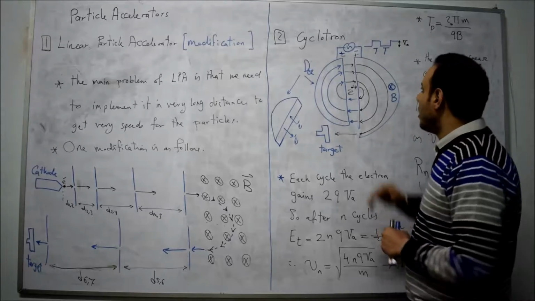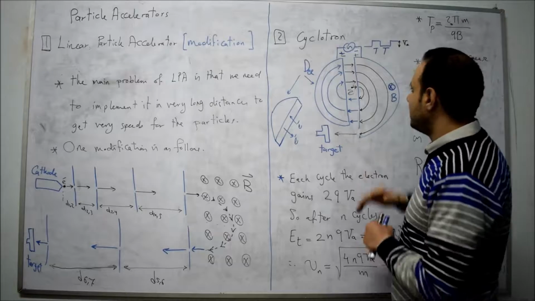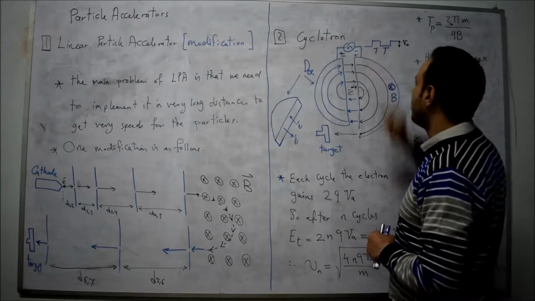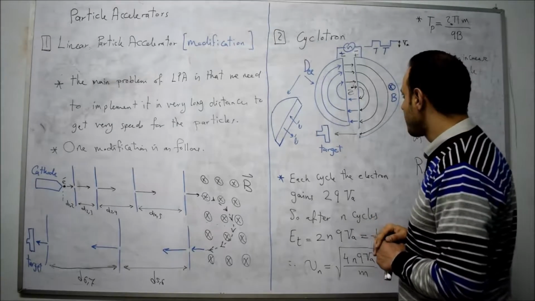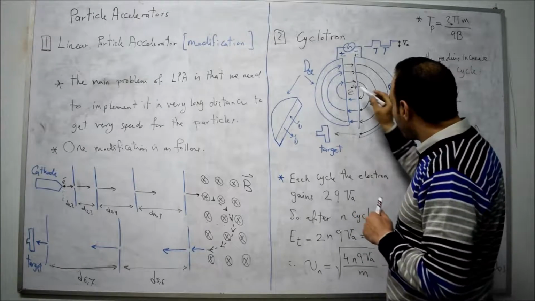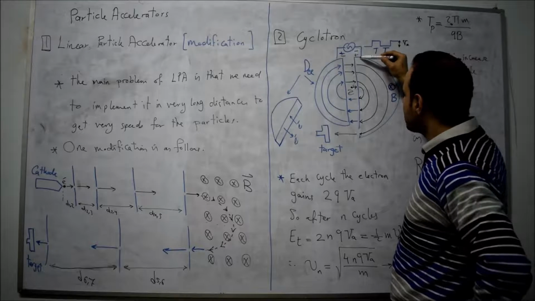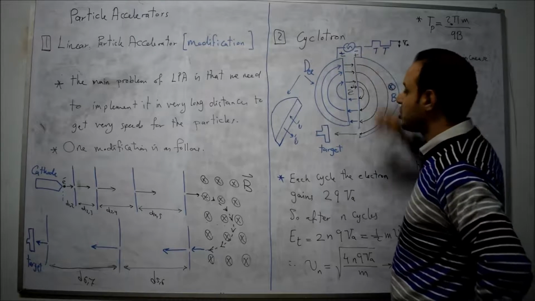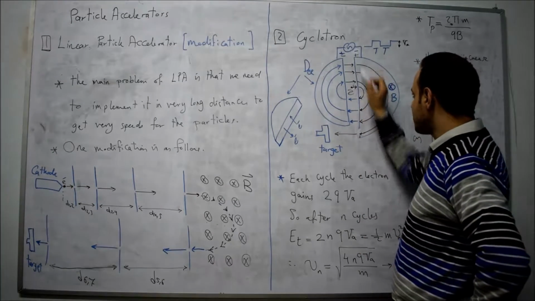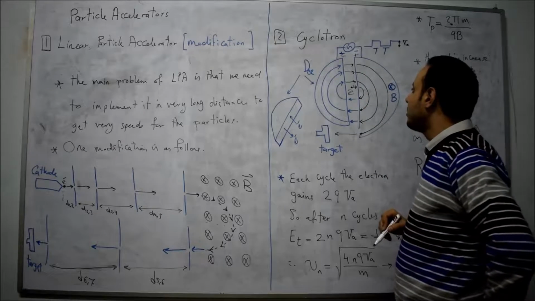Okay. We will apply a square wave to these two D's like this, with a voltage VA and a uniform half period of T. If the electron starts its journey from this point, assume at this moment there was a positive voltage here and a negative voltage on this D. So the electron will be accelerated toward this D. Inside this D, we have here a perpendicular magnetic field.